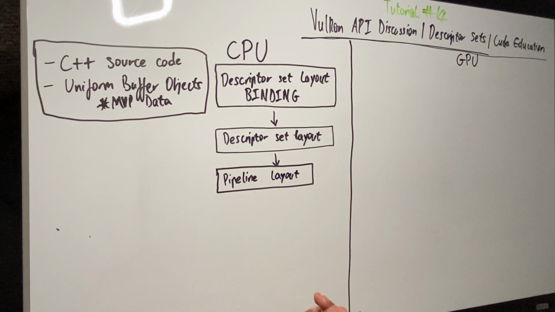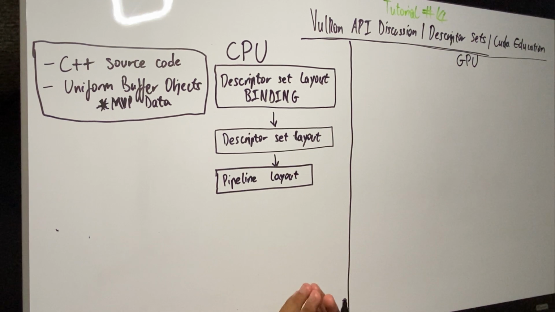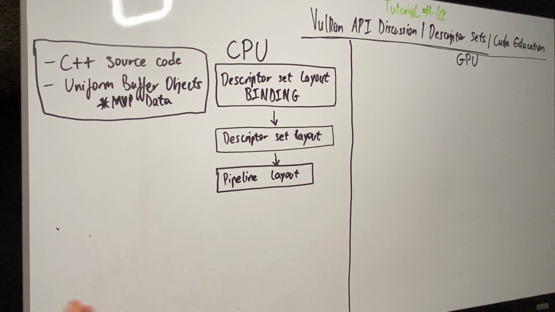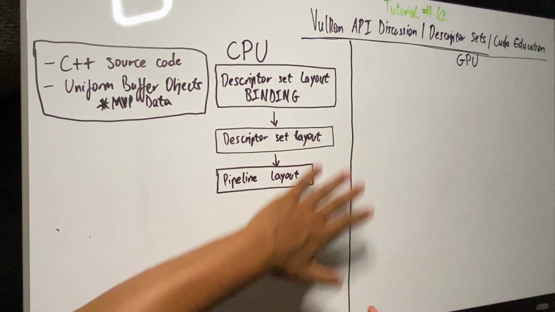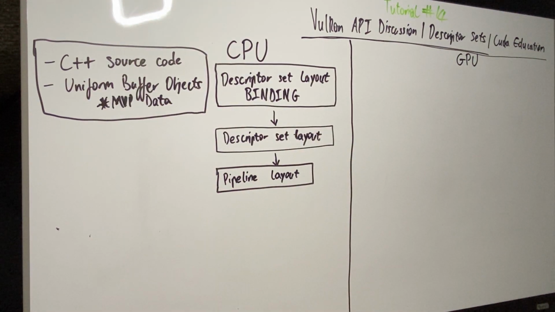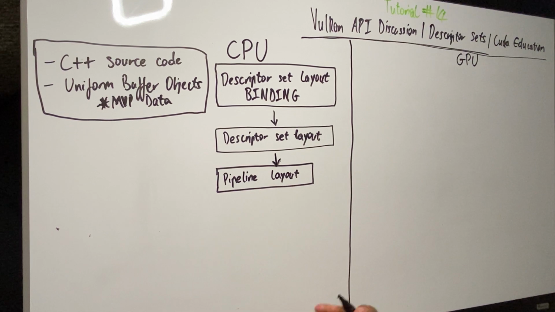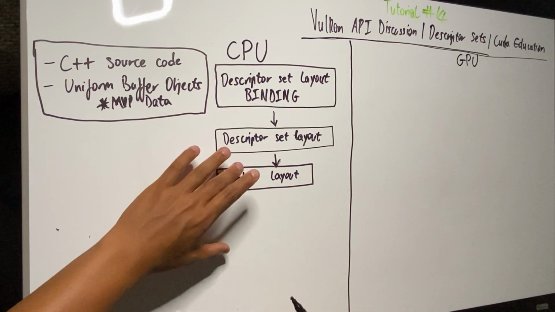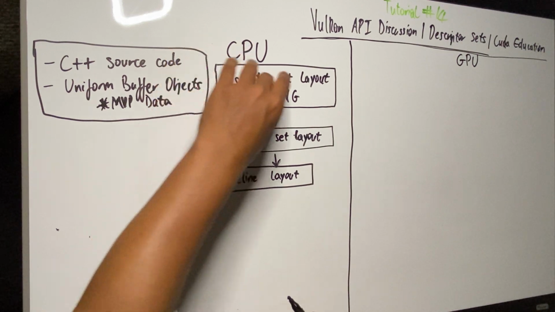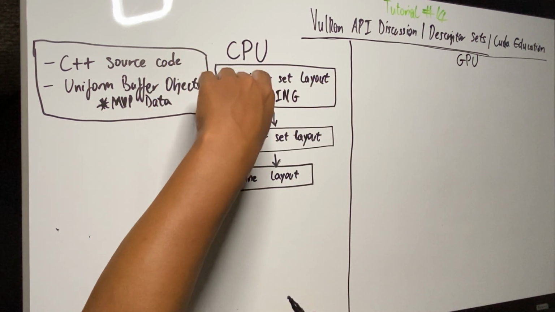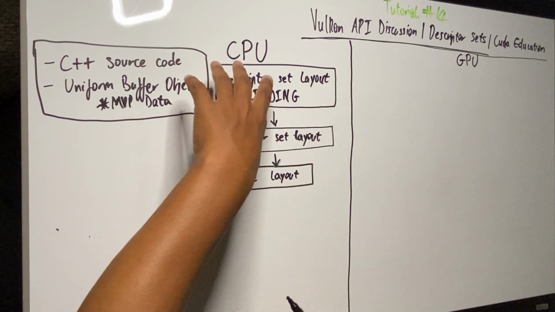Remember, this descriptor set stuff always has to be bound to the pipeline, the graphics pipeline, or just the pipeline that we're using to set stuff up to render to the screen. So all of this descriptor set conversation ultimately results in binding to a pipeline and then rendering to the screen. When you're binding to the pipeline, you always have to make sure that your descriptor set layout binding and your descriptor set layout itself are properly situated.